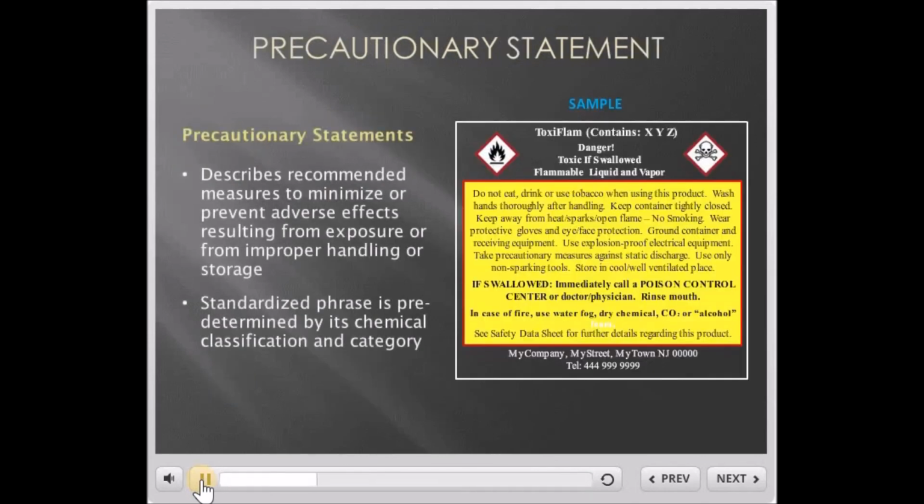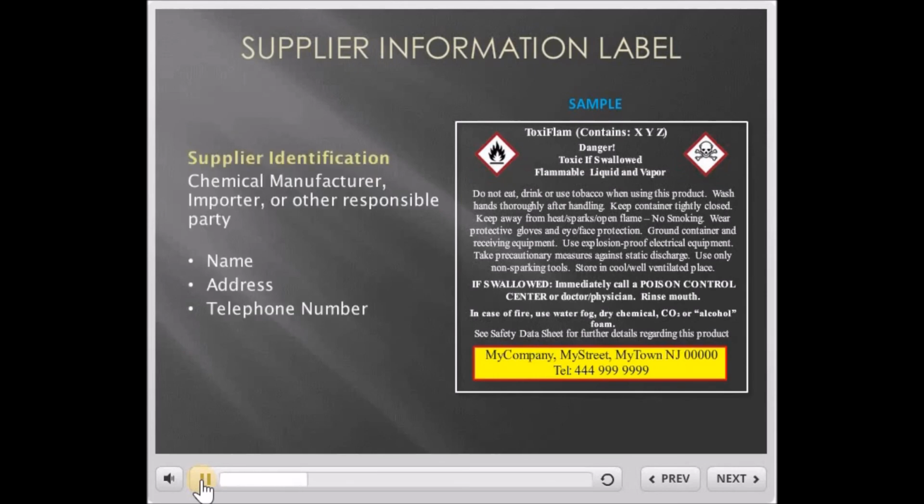Labels will also include a precautionary statement which describes recommended measures to minimize or prevent adverse effects resulting from exposure or from improper handling or storage. The label will also include supplier identification.